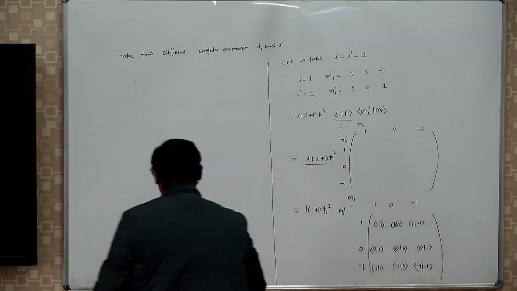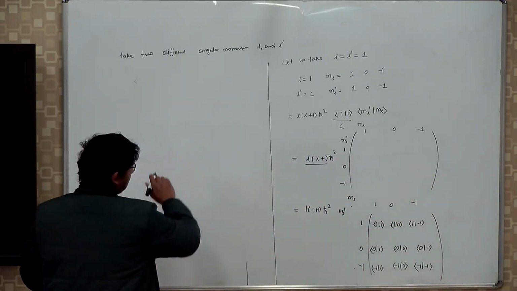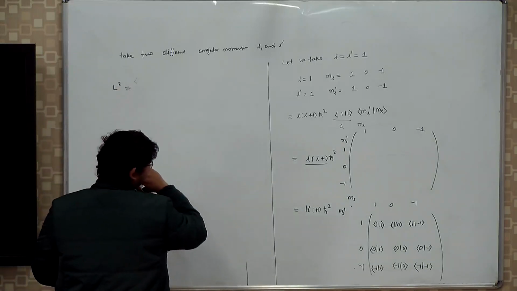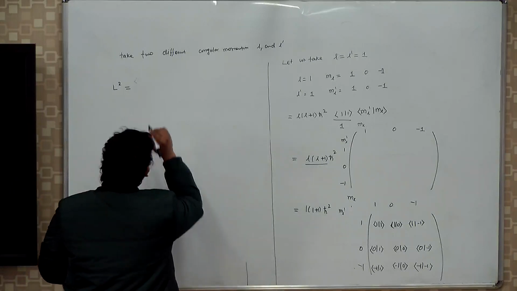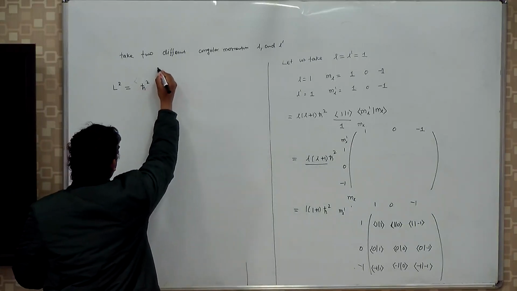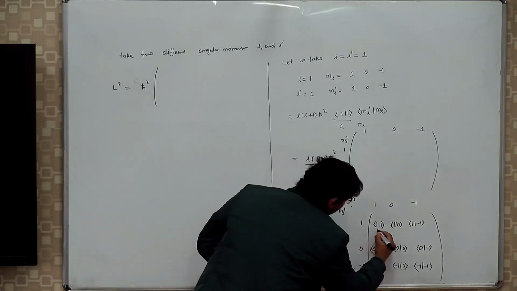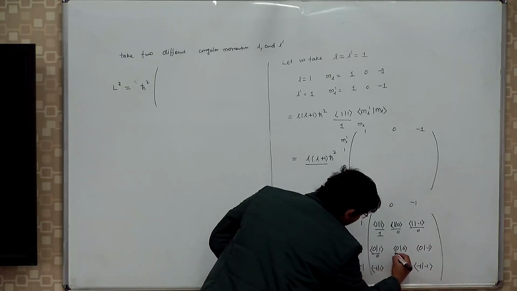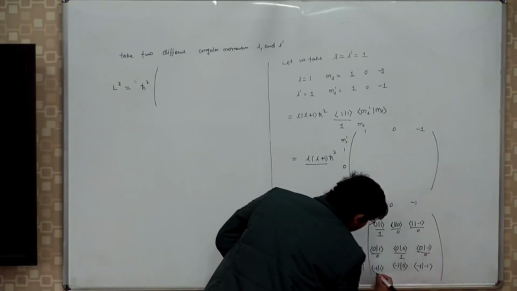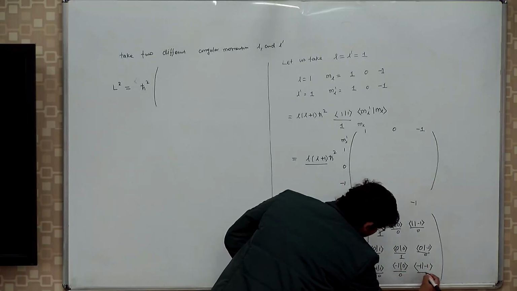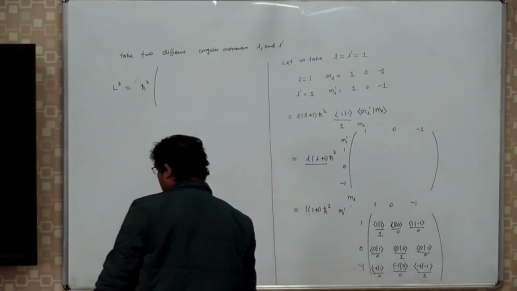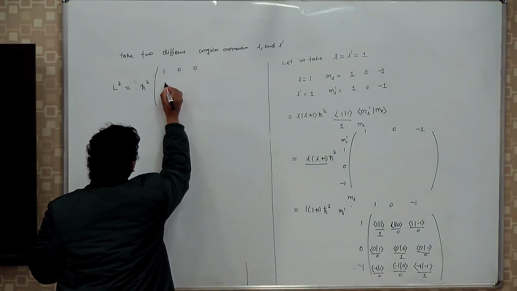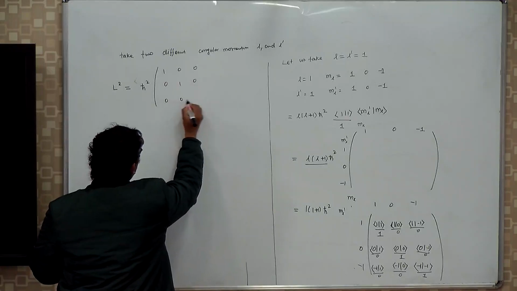According to the Kronecker delta function, this matrix can be further simplified. So L squared is nothing but ħ squared times: this value will be 1, this 0, this 0, this 0, 1, 0, 0, 0 and 1. Only the diagonal elements have valid entries: 1, 0, 0, 0, 1, 0, 0, 0, 1.